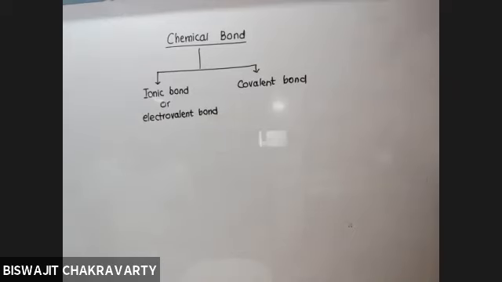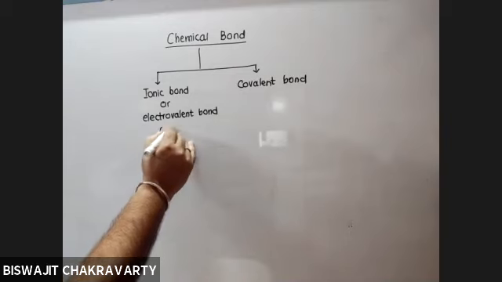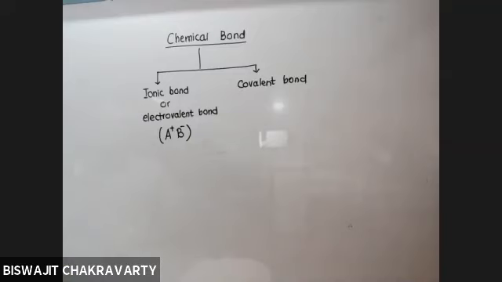After one loses the electron, it develops a positive charge, and the other, after gaining the electron, develops a negative charge, as a result of which we show the electrovalent bond by this symbolization. We are not going to show in an ionic bond any line between the two atoms, because charges are developed. One forms the cation, the other forms the anion, and as charges are developed, we show them with the help of charges.